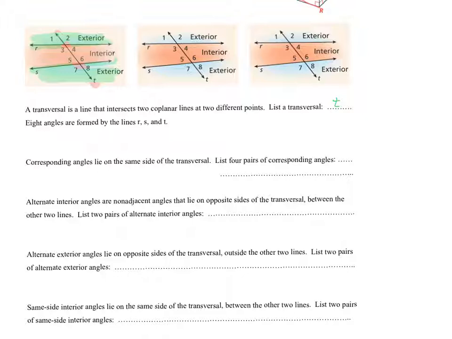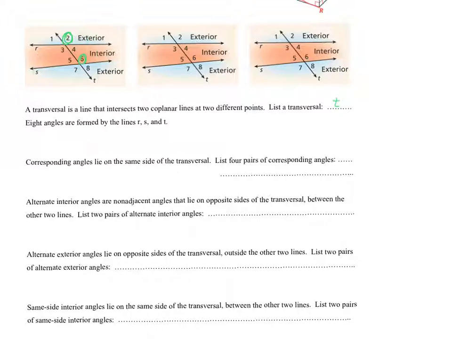Okay, so since they are on the same side of the transversal, what that means, I'll just clear this so we can see well. So, for instance, 2 and 6, they're sitting in the same spot.